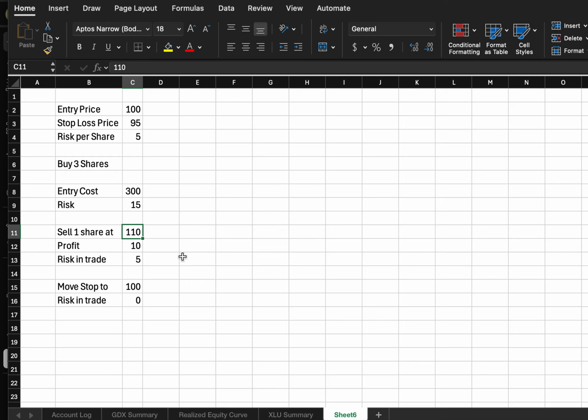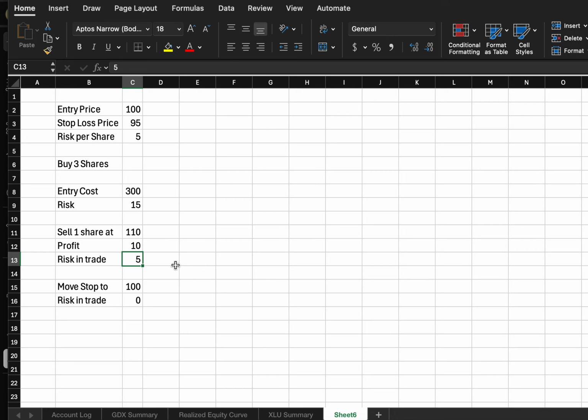That would be going up by 2 times my initial risk of $5 per share. So once it reaches 2R, 2 times risk, then I'm going to sell 1 share. And so I will take in a profit of $10, which since I started with $15 of risk in the trade, would leave me with $5 of risk in the trade.